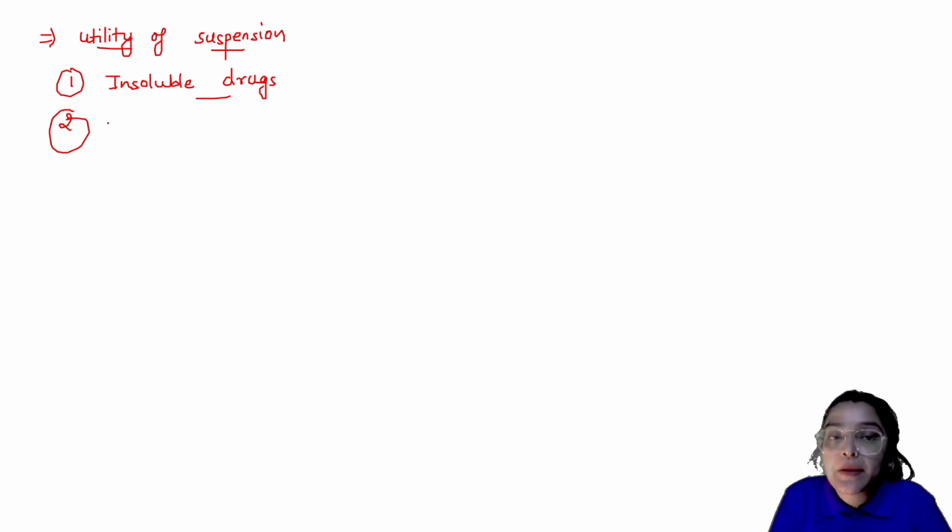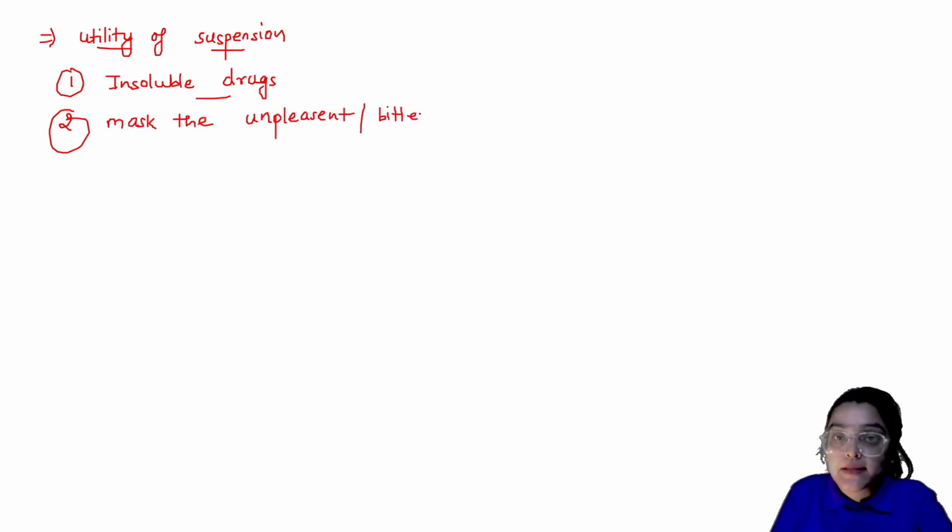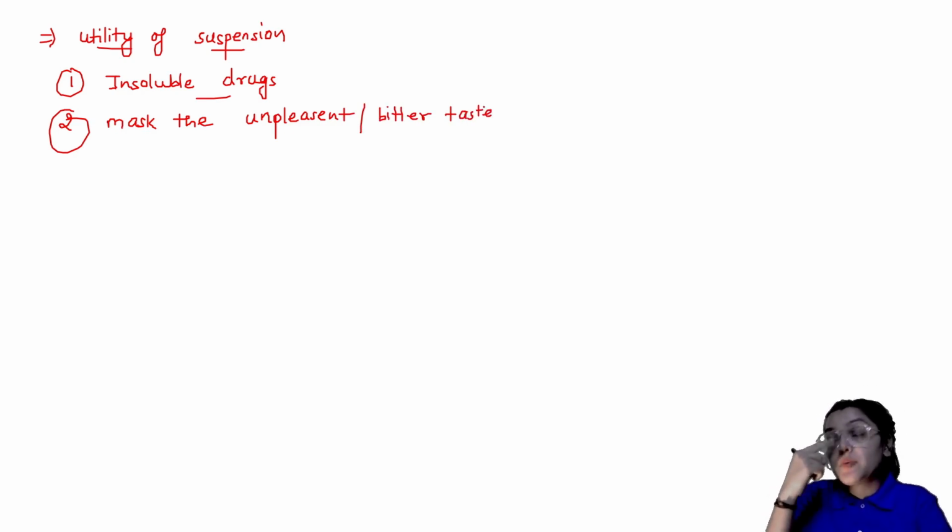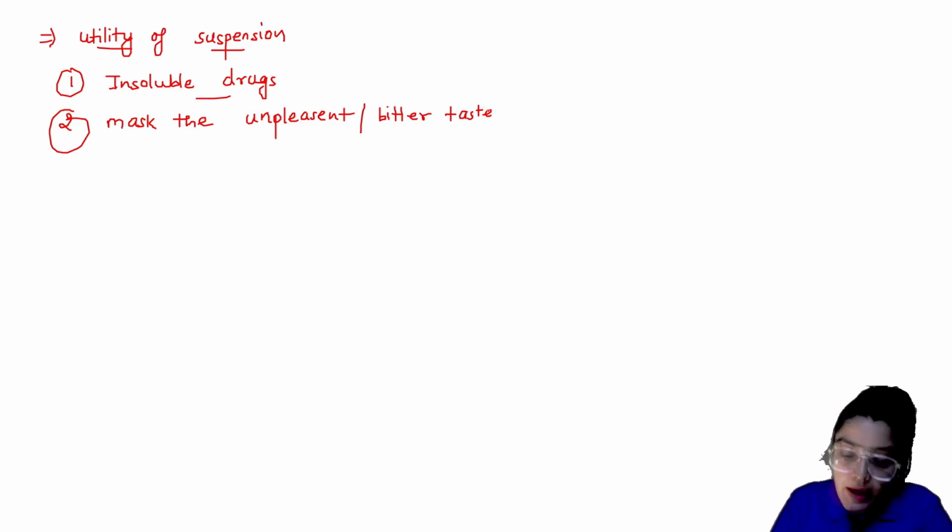So second is basically to mask the unpleasant or bitter taste of the active ingredient. By formulating into a suspension, we can make it more palatable.